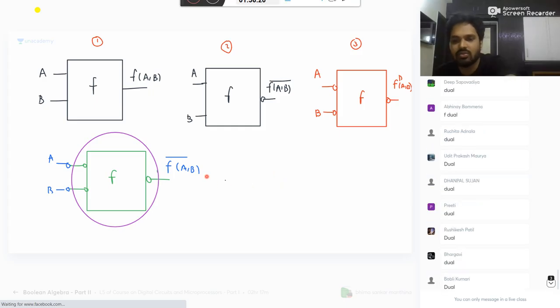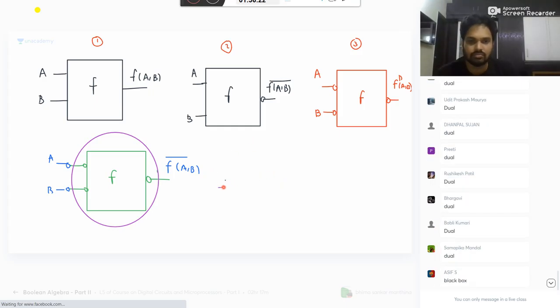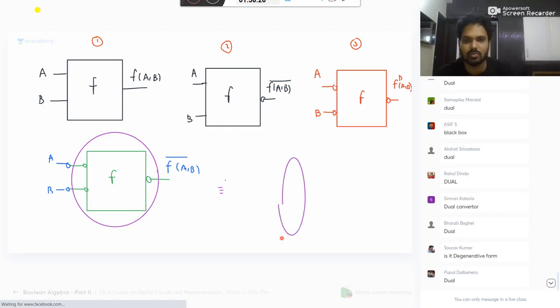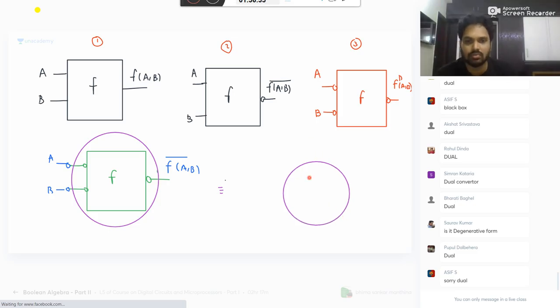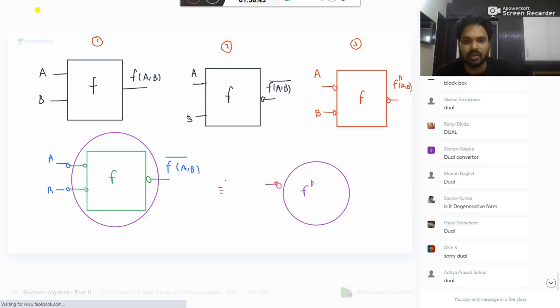So I want to say like this. Whether it is box or circle, it is not having any meaning. Please understand. You have F dual, and here only inputs are complemented.